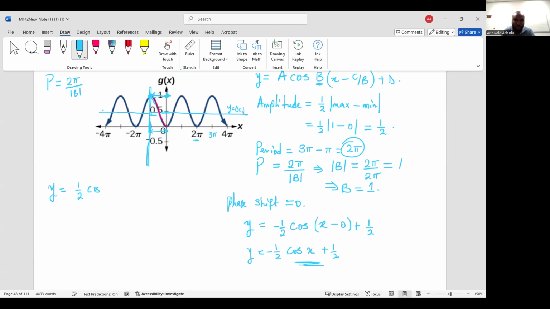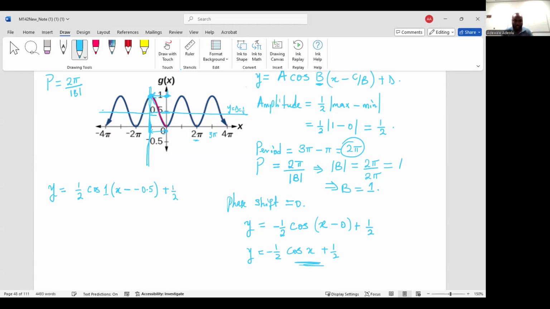Our b is still 1, so 1 into x minus, now, what is the phase shift? I have shifted to the left by 0.5, and since it is to the left, I will have negative 0.5. Then our d is 1/2 as well.